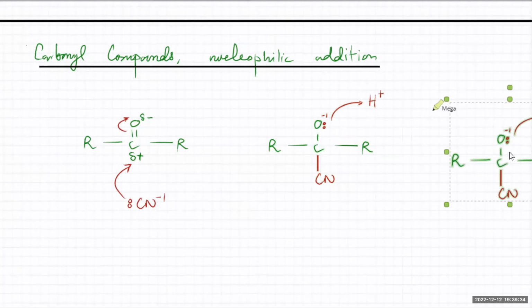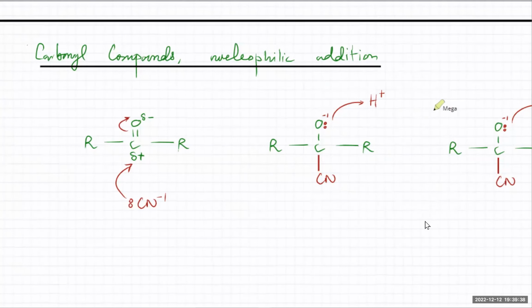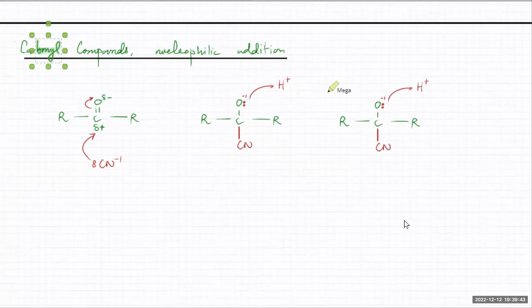Everything has to be drawn exactly the way it's drawn over here. So this H plus will get attracted to the oxygen, which is negative, and they will eventually make a bond at the top.